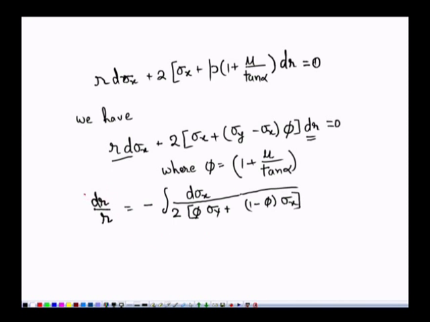Now we have to integrate both sides, the left hand side as well as the right hand side.